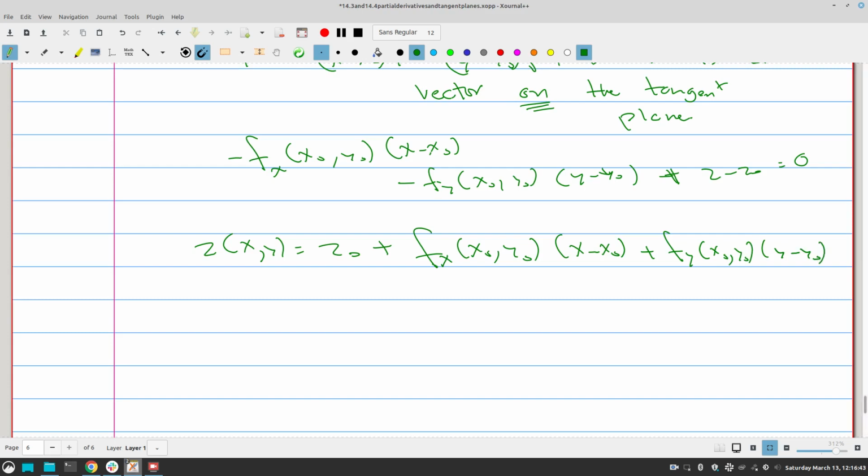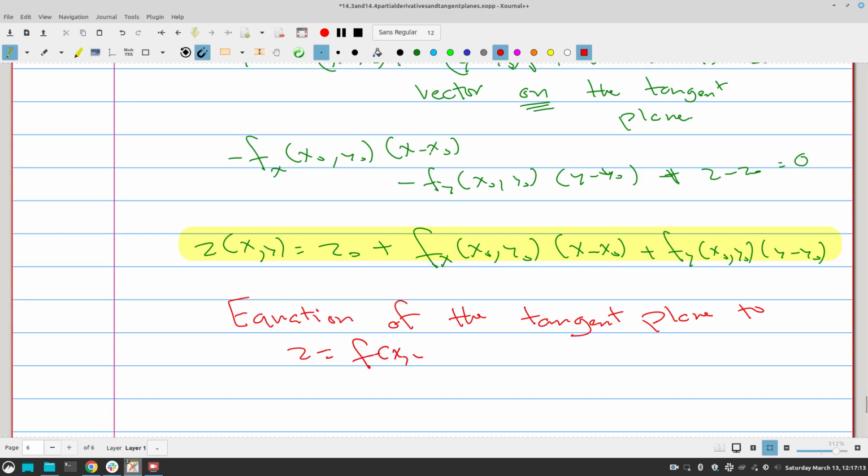So this is the equation of the tangent plane to z equals f of x, y at x naught, y naught. Okay, so this is the equation of the tangent plane. Cool.